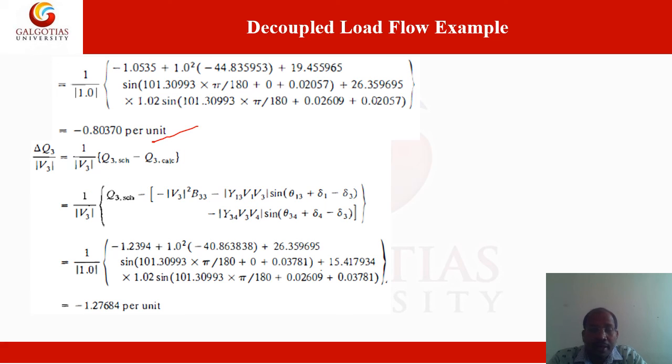Then we again calculate del Q3 by del mod V3. We differentiate the equation with respect to the voltage magnitude at bus 3, keeping other values constant, apply the partial derivative and put in all the values. So this is the final, and this numerical value we can put.